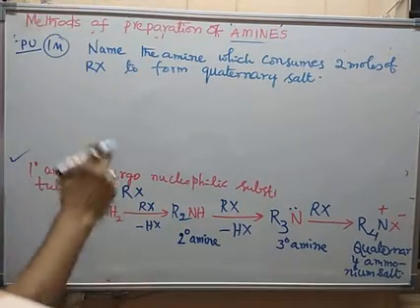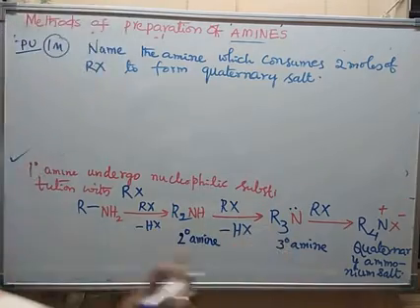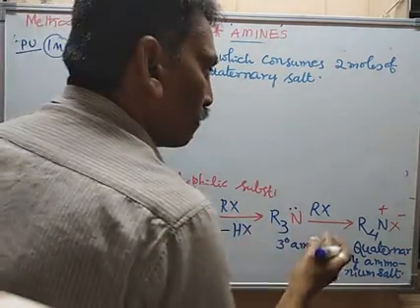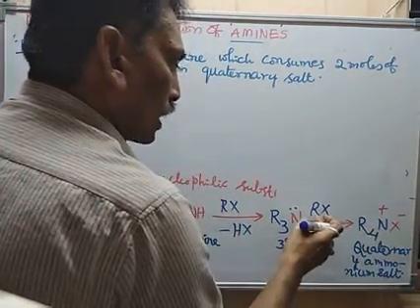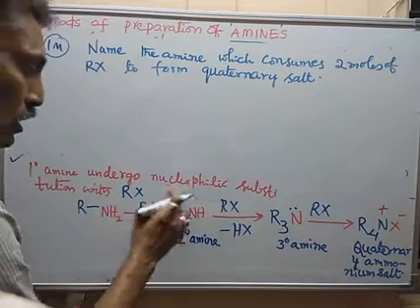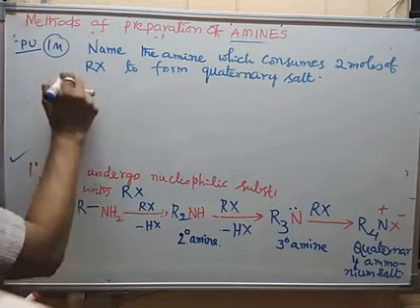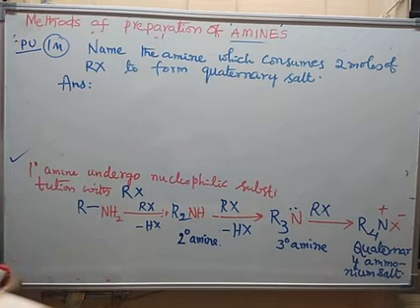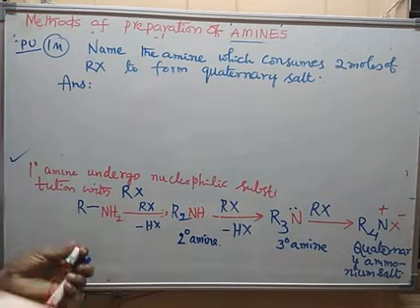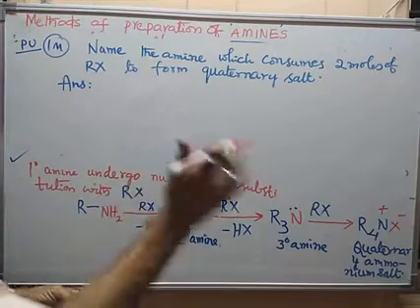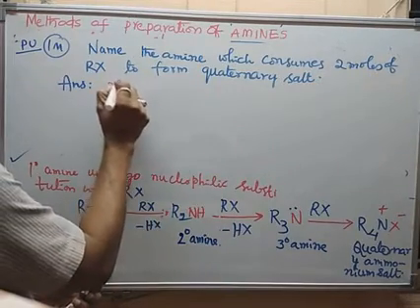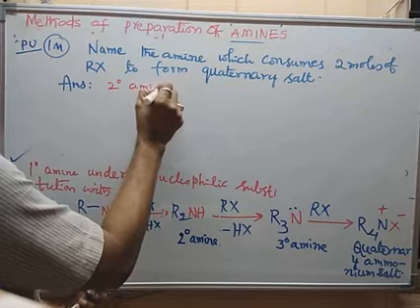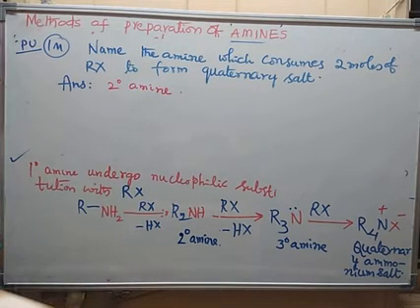Answer: from the quaternary salt, you come back in a reverse manner. Quaternary salt to 1 alkyl halide, 2 alkyl halides. What does that mean? It is not needed to learn all these things by heart. Just observation is needed. That is secondary amine. Over. Just a one word answer, one more question in the PU examination.